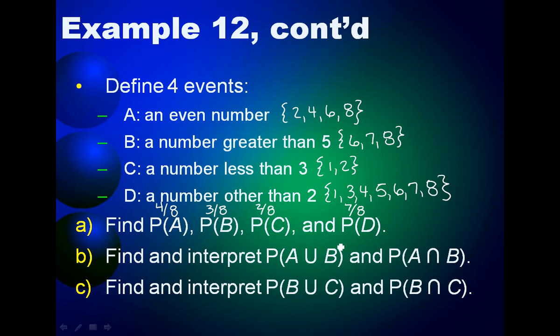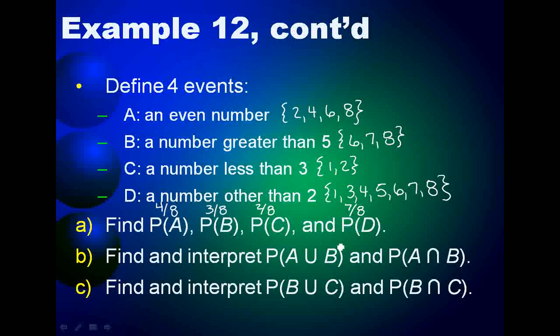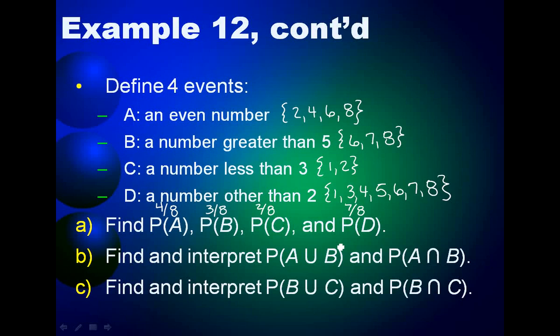Find and interpret A union B. We want a number that is either even or greater than 5. So that is 1, 2, 3, 4, 5, 6, 7, but we have 2 that overlap, so there are 5 numbers.